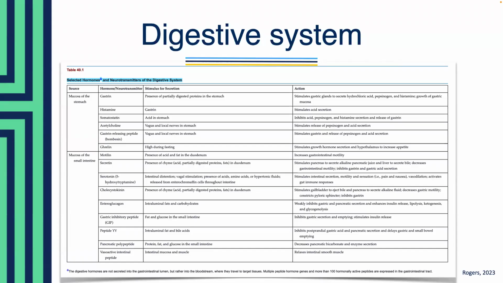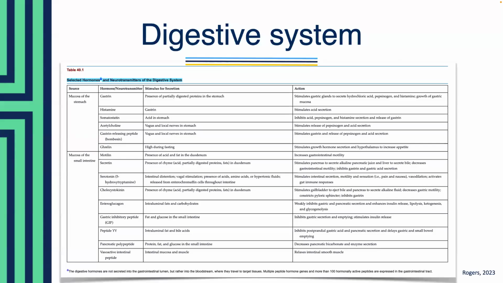It decreases GI motility and inhibits gastrin and gastric acid secretion. Secretin is produced by S cells in the small intestine, and it stimulates bicarbonate secretion from the pancreas and inhibits gastric acid secretion. A deficiency reduces pancreatic bicarbonate secretion, failing to neutralize stomach acid in the duodenum. Secretin is released in response to low pH in the duodenum and the digestive tract.